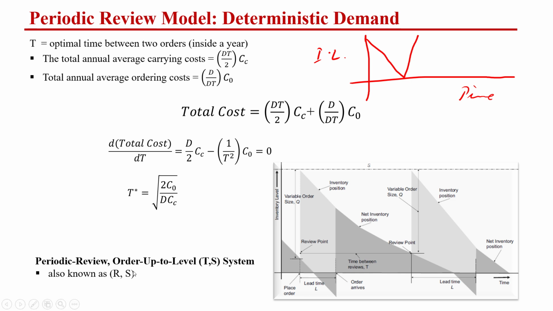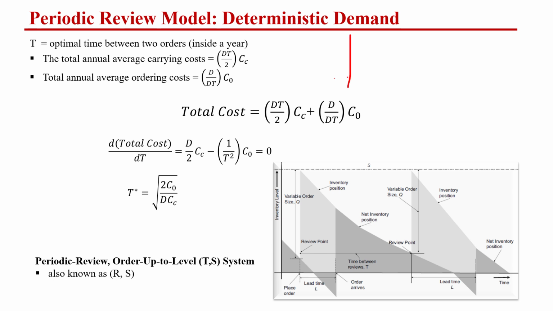Let me make it right. On the x-axis we have time, on the y-axis we have the inventory level, and this is how the basic EOQ model works, right? This is the order cycle. This is the demand rate, this is the quantity we are ordering, and this is the time, which is called the order cycle time.